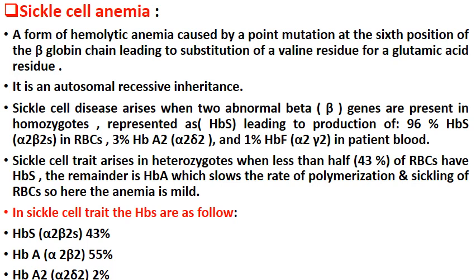In the trait, the hemoglobin is as follows: hemoglobin S constitutes 43%, A 55%, and the remaining A2 2%.